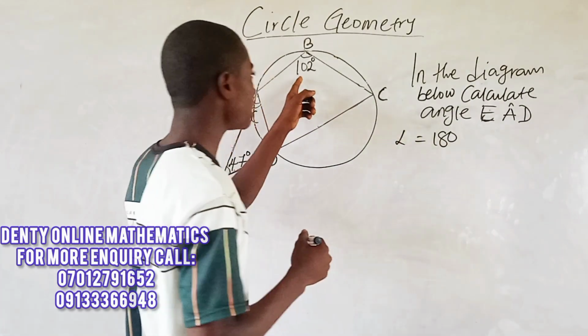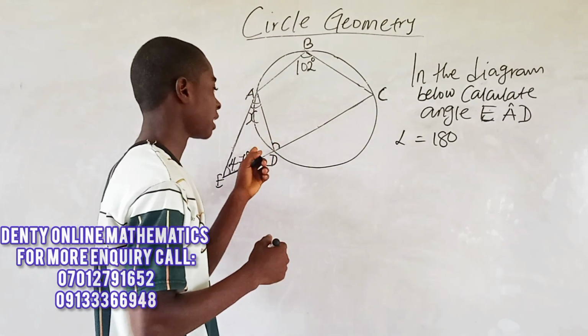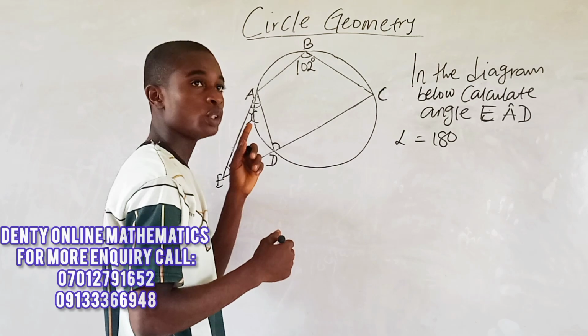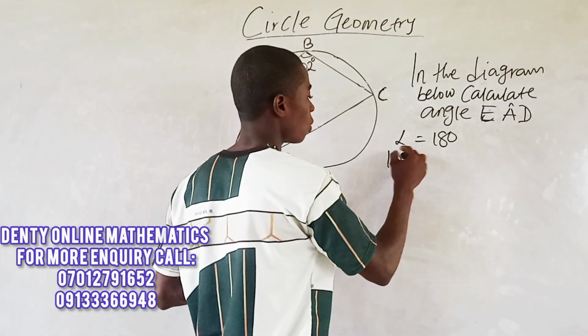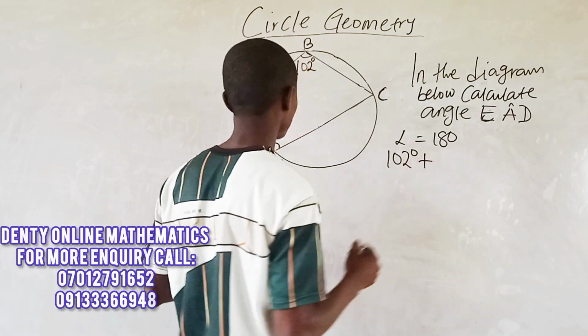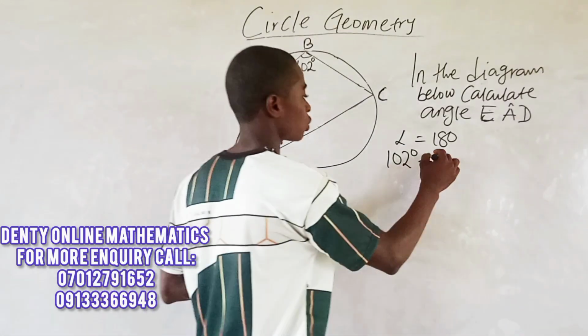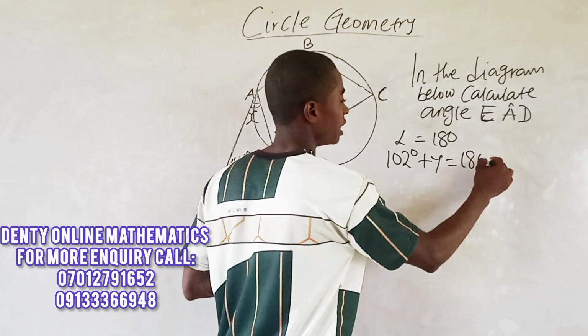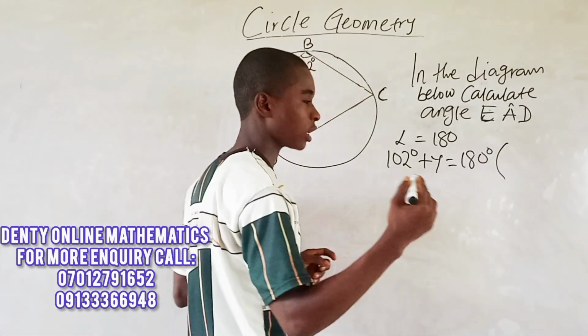So I can say since the sum of the opposite angles of a cyclic quadrilateral are supplementary, I'm going to add 102 degrees plus, since I don't know the value of this angle, let me call it y. So plus y is equal to 180 degrees. Always put the proof while solving second geometry.